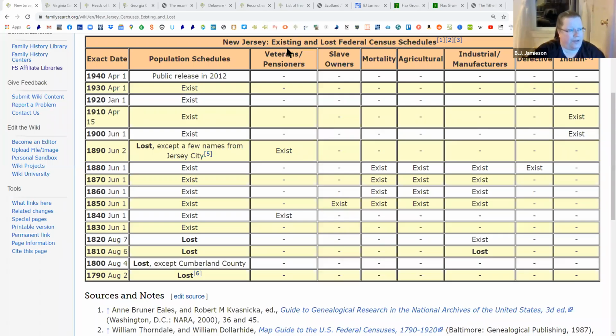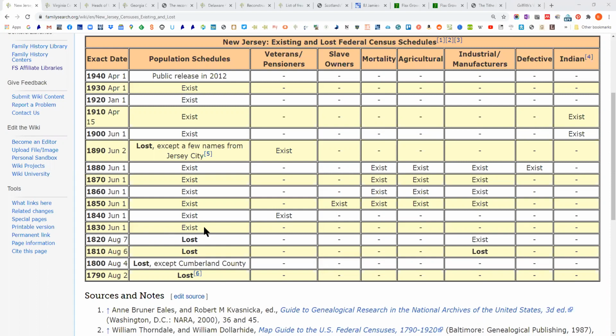So this is a table for New Jersey showing the years of the federal census and the types of census done each year and whether they exist. As you can see here, the first 4 federal censuses for New Jersey, except for one county 1 year, have all been lost.